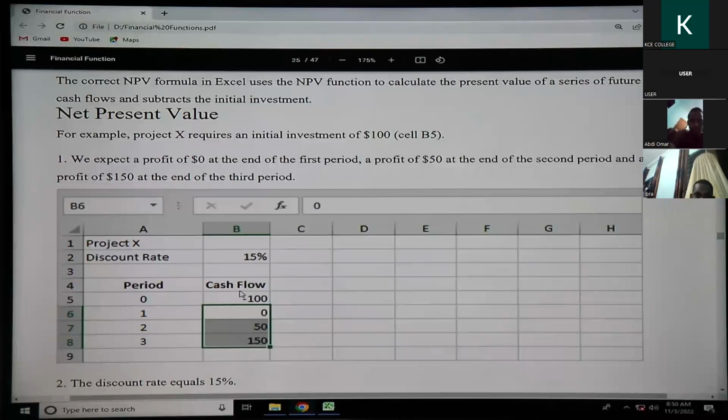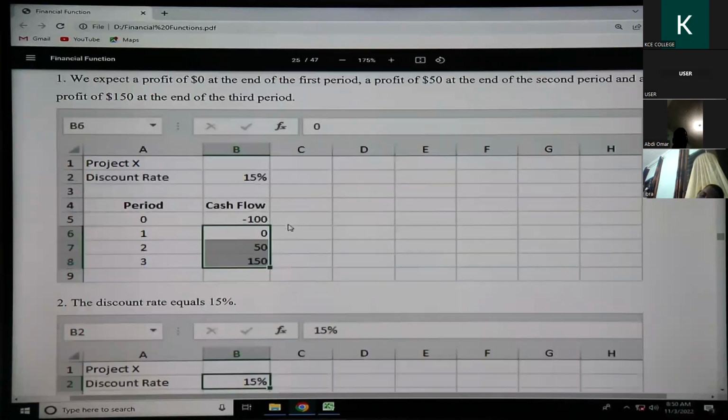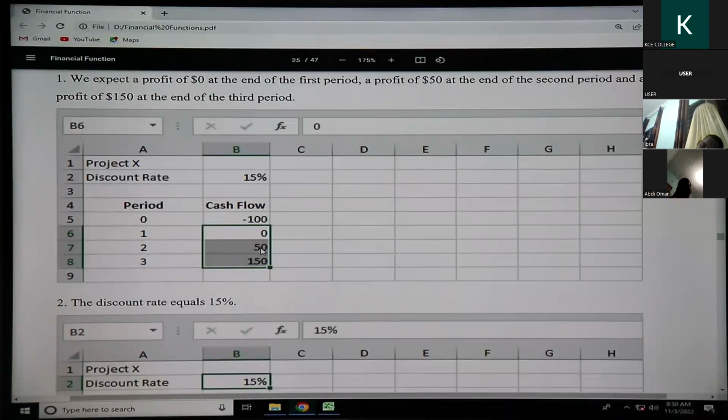Then we expect a profit of 0 at the end of the first period, a profit of 50 at the end of the second period, and another profit of 150 at the third period. So if we use these expected profits, we actually get 200.